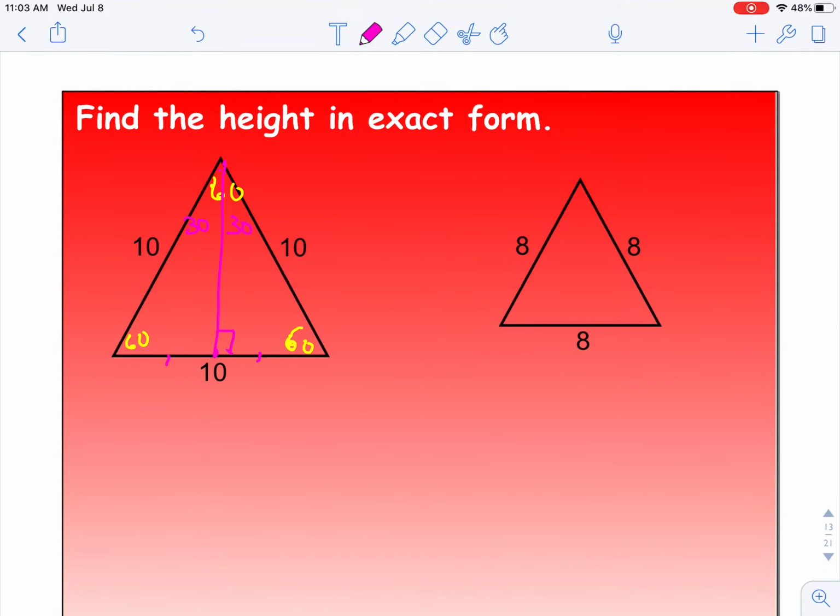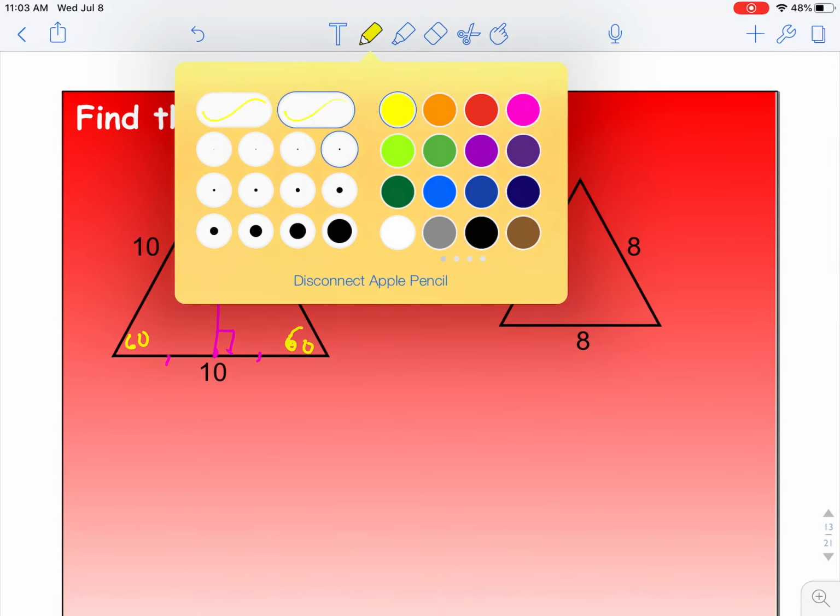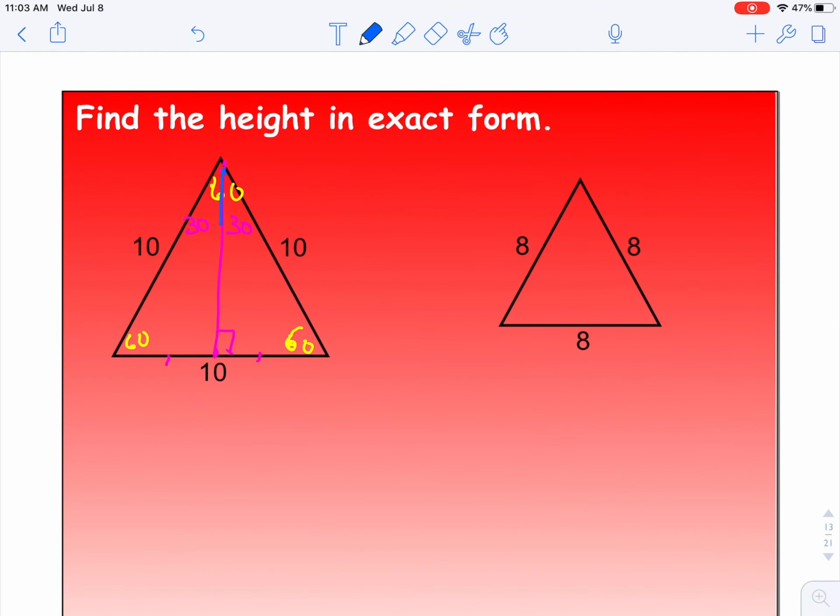So when we look at those, we can find that using the Pythagorean theorem again. So if we are finding this exact height right here that we're trying to find, again, I'm just going to call it x, then we are going to use the fact that we have a right triangle with legs 5 and x.